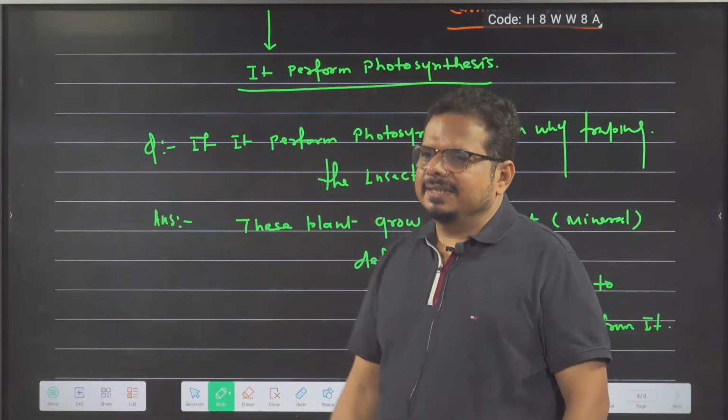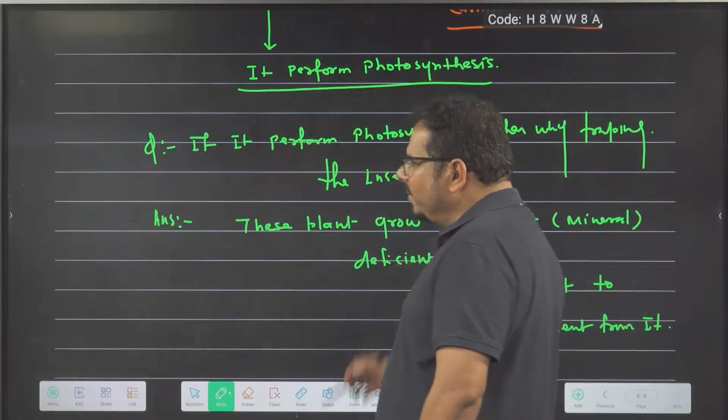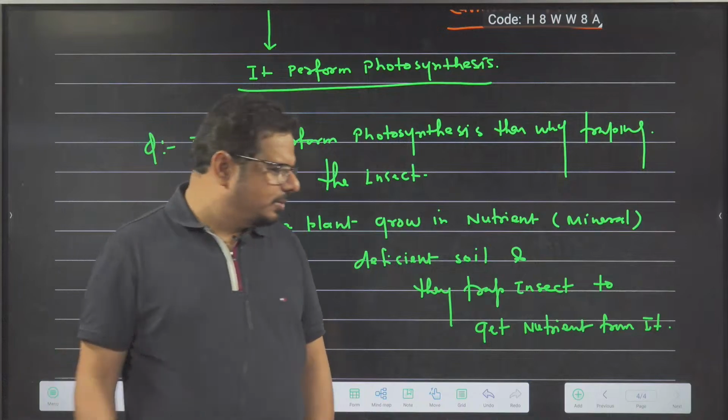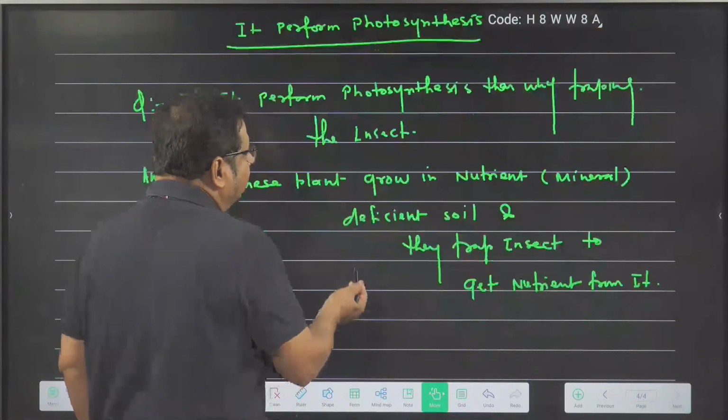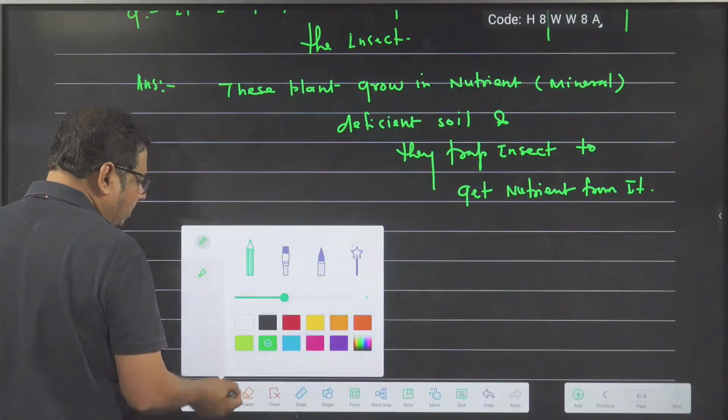So they digest them and get the nutrients. They perform photosynthesis. They are photosynthetic plants. Got the idea?